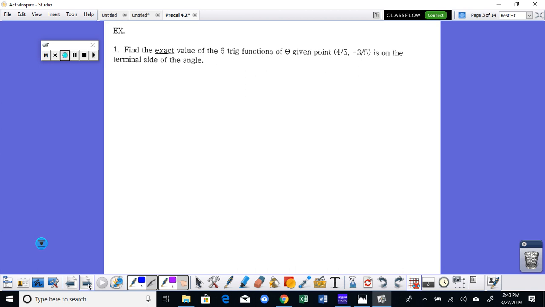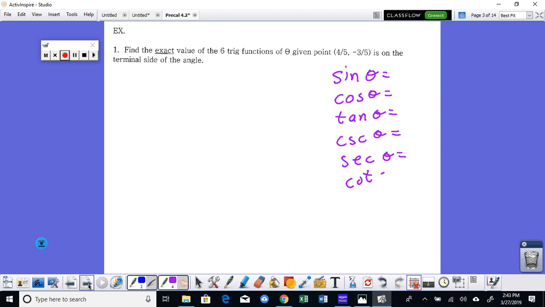So I'm going to want to know what sine of theta equals, cosine of theta, tangent of theta, cosecant of theta, secant of theta, and cotangent of theta. Once I get my first 3, the second 3 are just those flipped. So really it's work to get the first 3 and kind of easy to get the second 3.